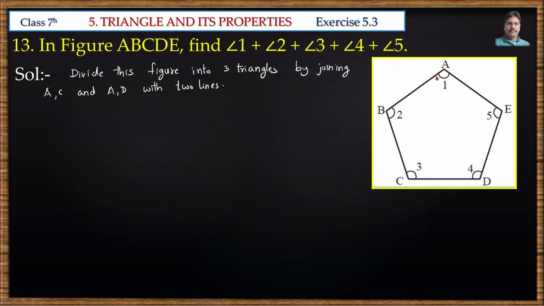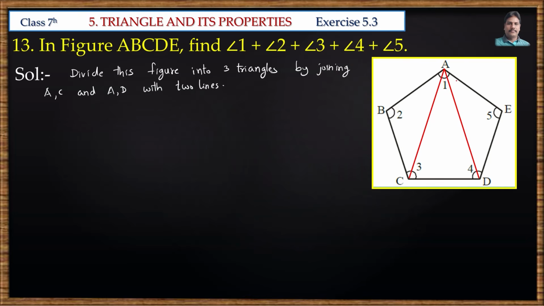Join A to C. Draw a line A to C and draw a line A to D. Now, this figure is divided into 3 triangles. With the help of these 3 triangles, we can calculate the sum of the 5 angles in the figure.